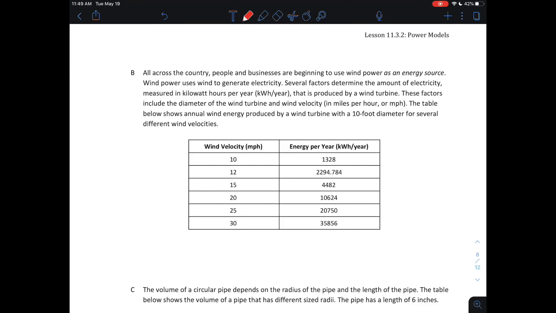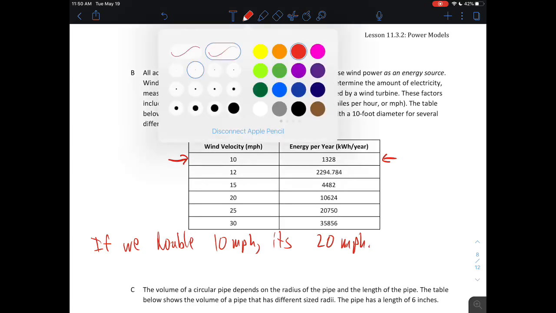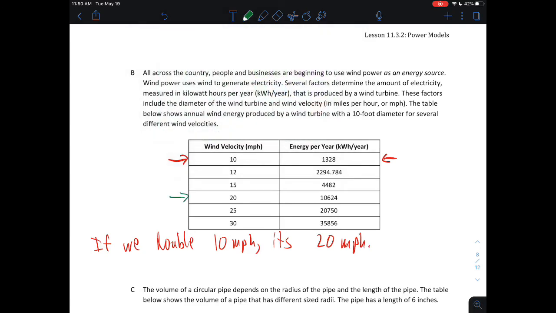So I'm going to pick wind velocity 10 miles per hour, which gives energy per year 1,328. So now what is double 10? If we double 10 miles per hour, it's 20 miles per hour. So now let's take a look at where the wind velocity was 20 miles per hour.